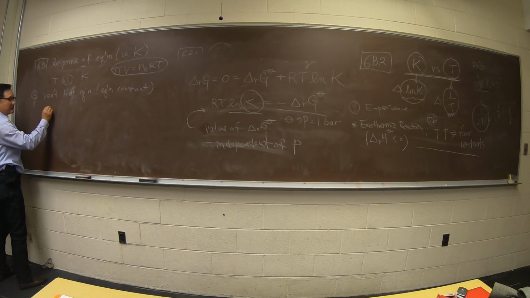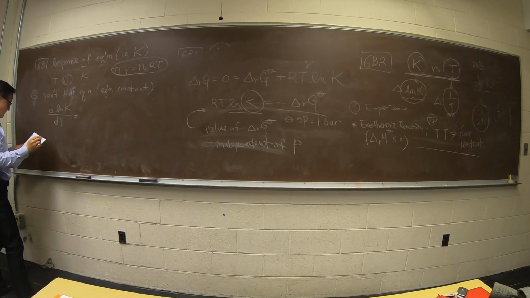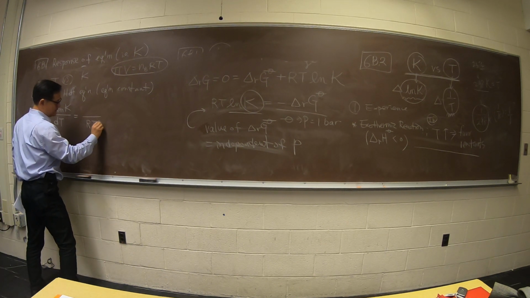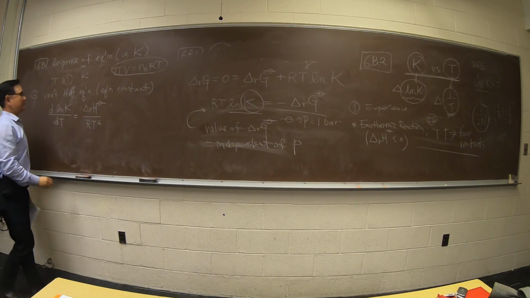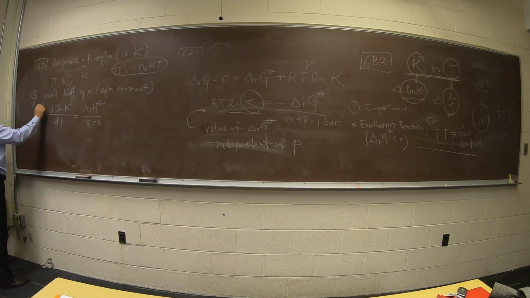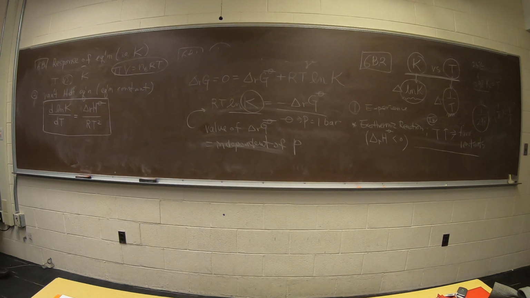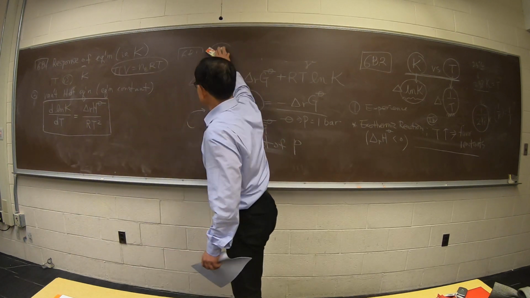And this one is d ln K over dT is delta_r H naught over RT squared. So this is a van't Hoff equation.